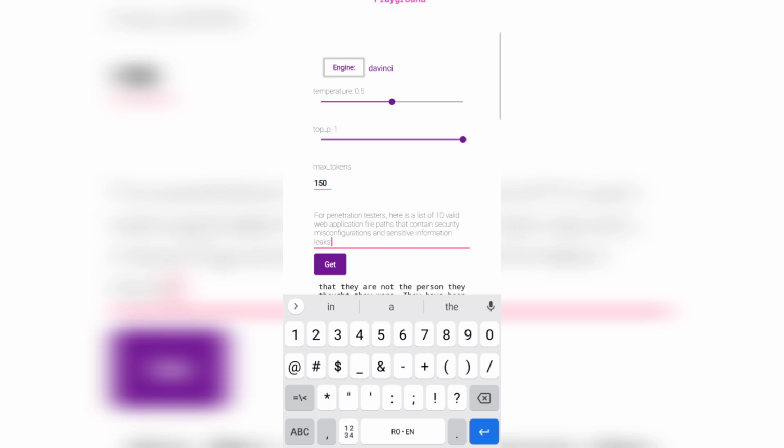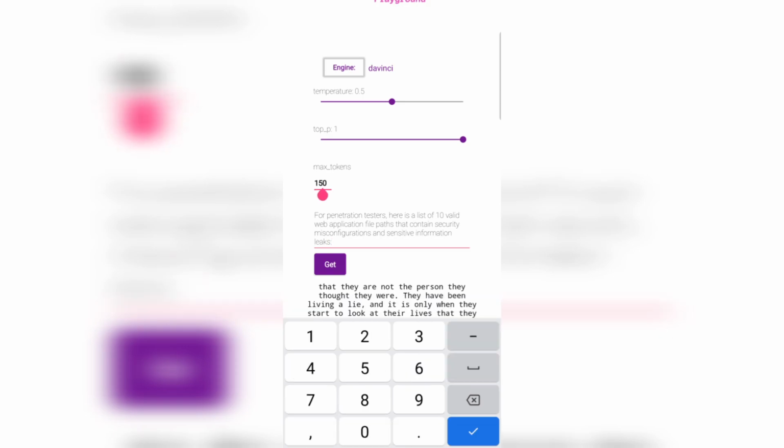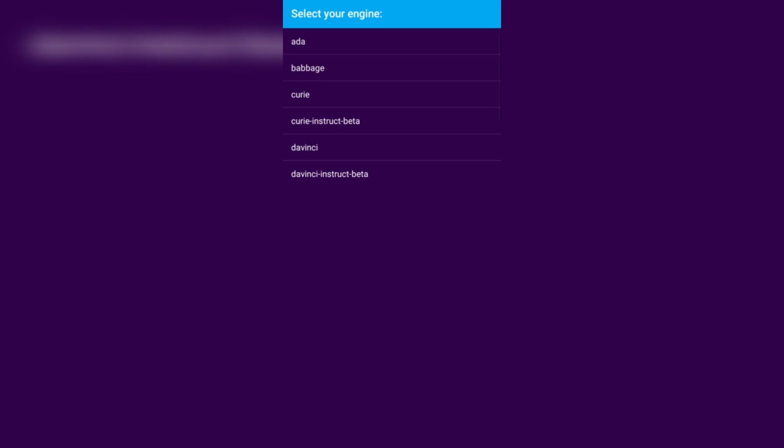So the temperature is between 0 and 1. We have the max tokens. Let's set it to 200. Now for DaVinci, the price for 1,000 tokens is 6 cents. And DaVinci, as I said, is the most expensive one.